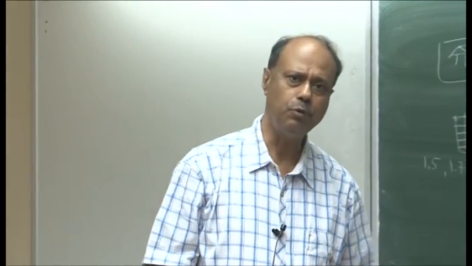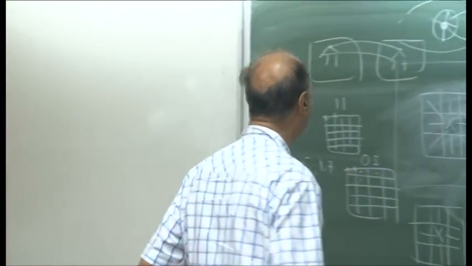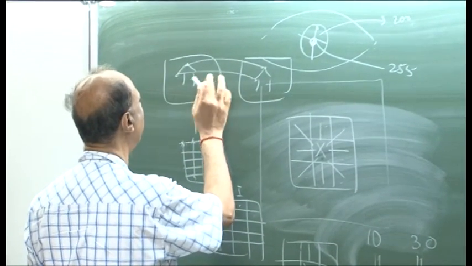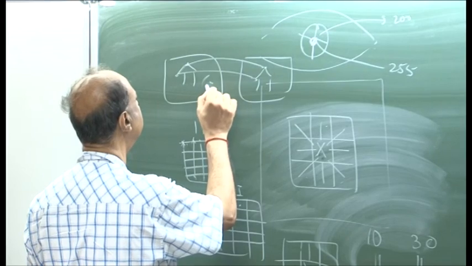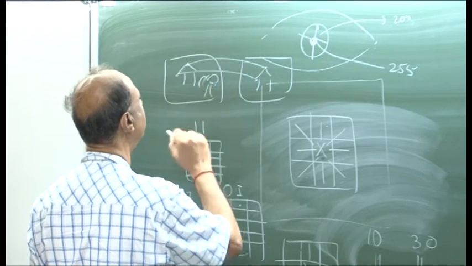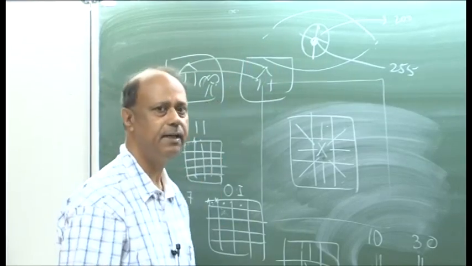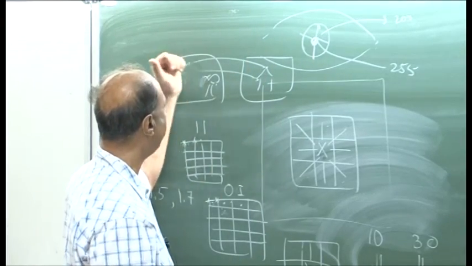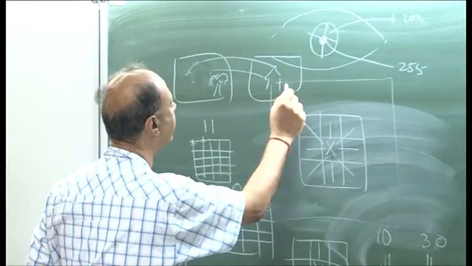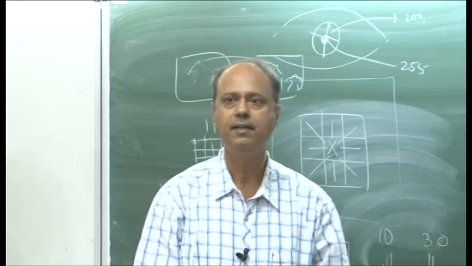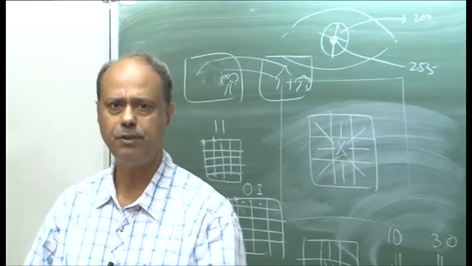Sometimes, artificially, I want to put a tree here. So one image has the house, another image has the tree. If I add, I get a tree plus house. This type of activity also exists.